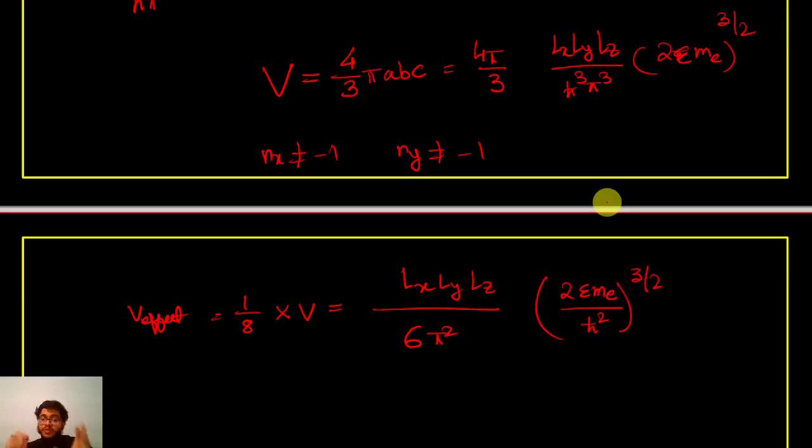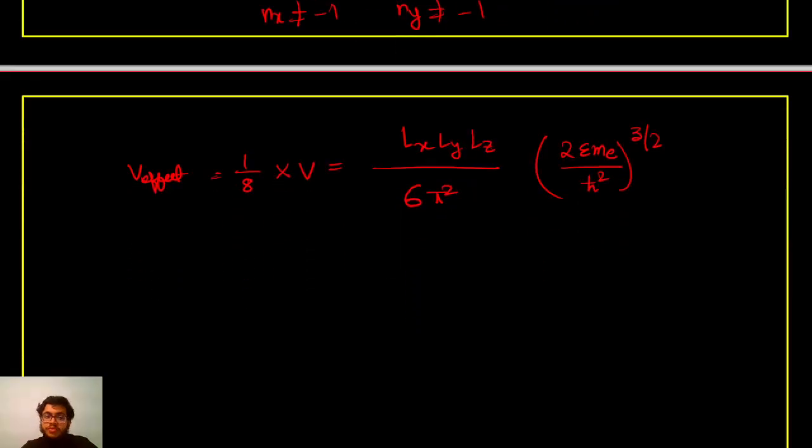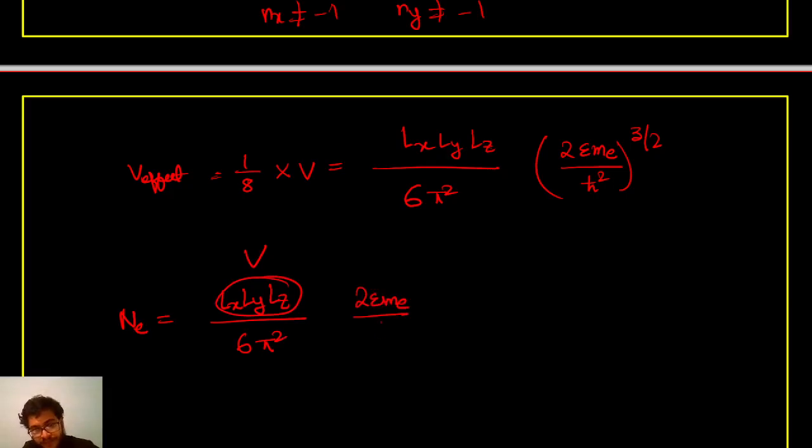So this is the number of quantum states that are available for the electrons to take. So how many is the total number of electrons then? This. Let's say we can call this V of the box because it's a cuboid. And per each quantum number there can be 2 electrons, because the electron can have plus spin and minus spin.